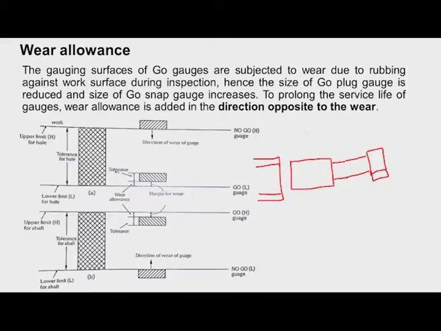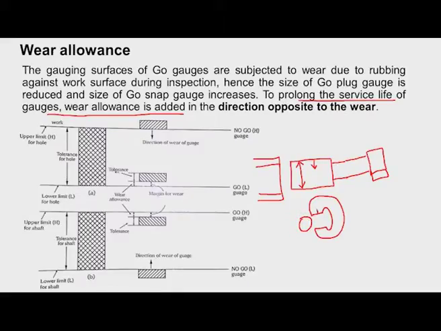Now in order to prolong the service life of gauges, wear allowance is added in the direction opposite to the wear. That means when we use this gauge, due to continuous usage, the diameter of the go plug gauge will be reducing. That means the direction of wear will be in this direction, which is shown here, and if a snap gauge is used to check the diameters, there will be wear of this.